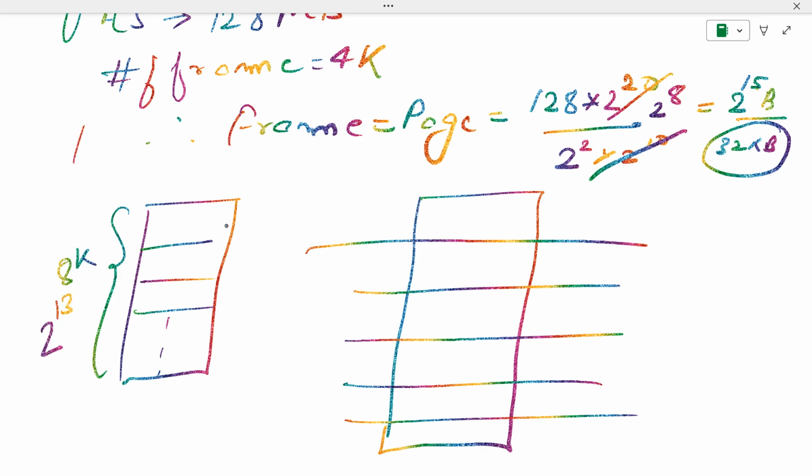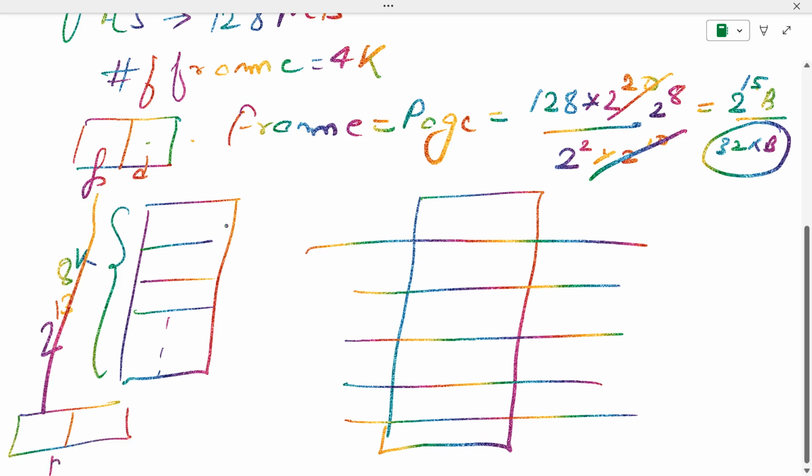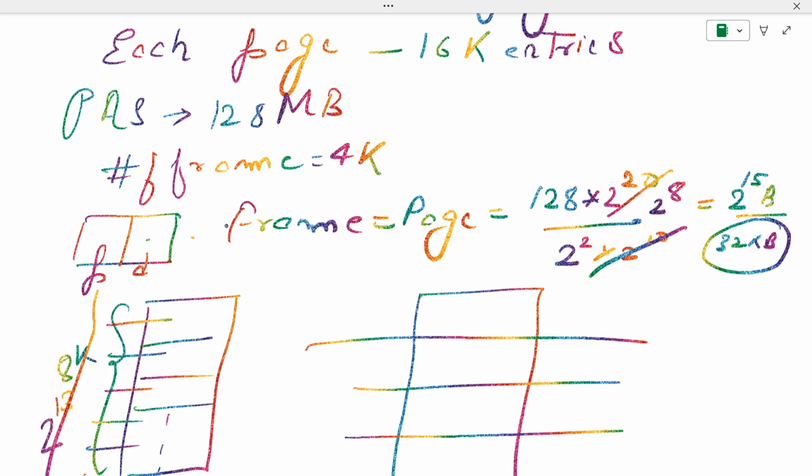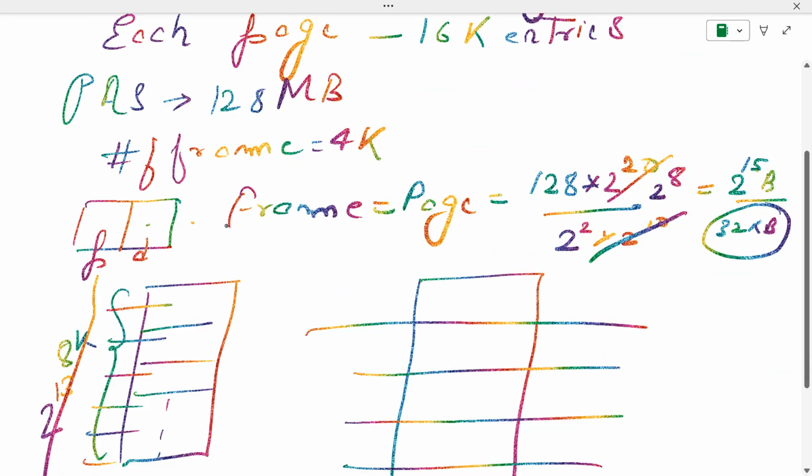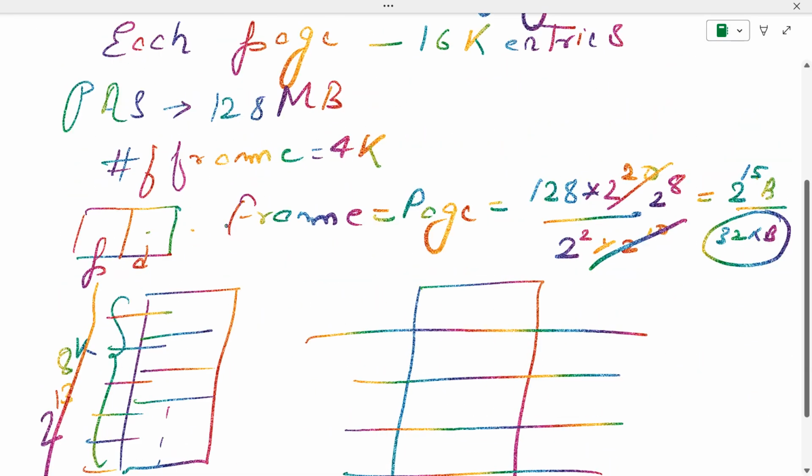If there is the logical address P and D, here P can be divided into P1 and P2. This P1 corresponds to 13 bits. These 13 bits are used to represent the pages of the page table. And what does P2 correspond to? We have said that each page has 16k entries.